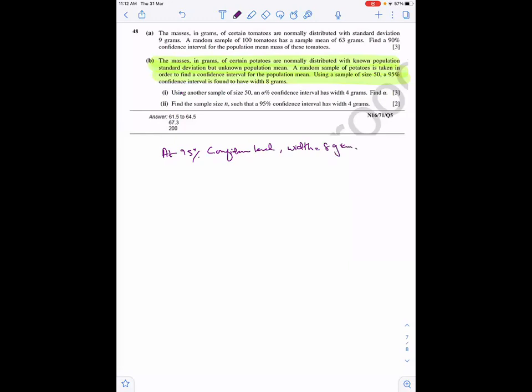If it is 95%, this is 95, this is 2.5, 2.5, that means overall is 0.975. Let me just check it again, 1.96. So Z is 1.96.